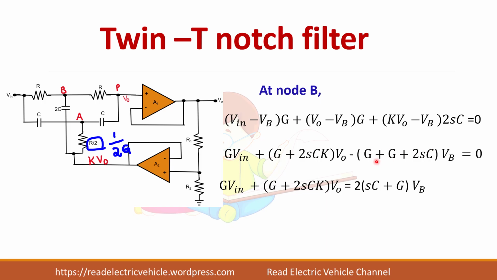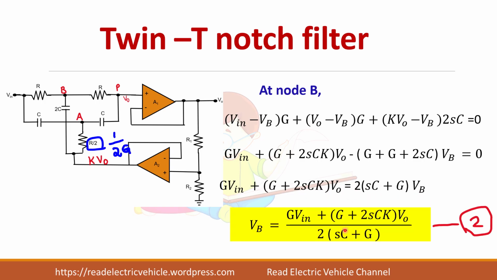It becomes 2G plus 2SC. So 2 I have taken outside. From this we will find VB. So we got VB. We also got VA. Now one more node is there. This point, node P. Here we will write the equation.